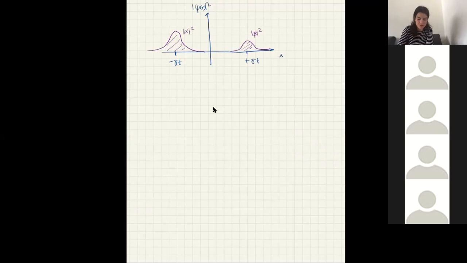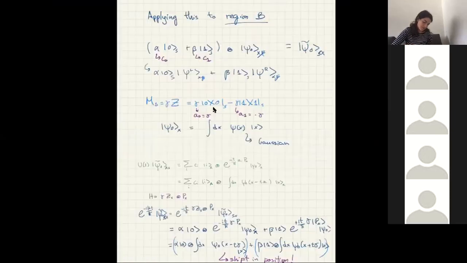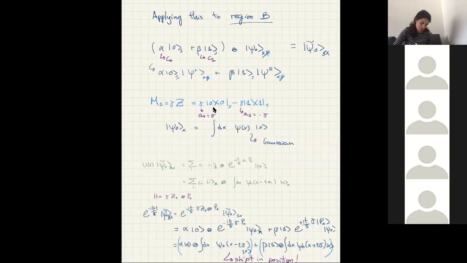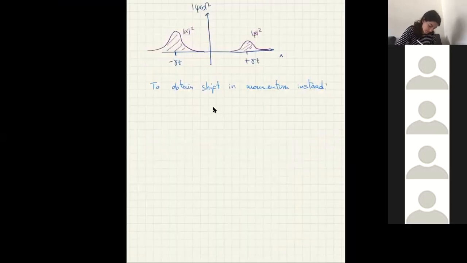Good, but we wanted this to happen in p, in the momentum, not in the position, because we then want the particle to fly away. Okay, but a shift in momentum instead. And this is something you'll do in the exercise class. So we take a new Hamiltonian to be Hz, and where before we had the p_x, now we just put x here. So this is σz, and this is position.